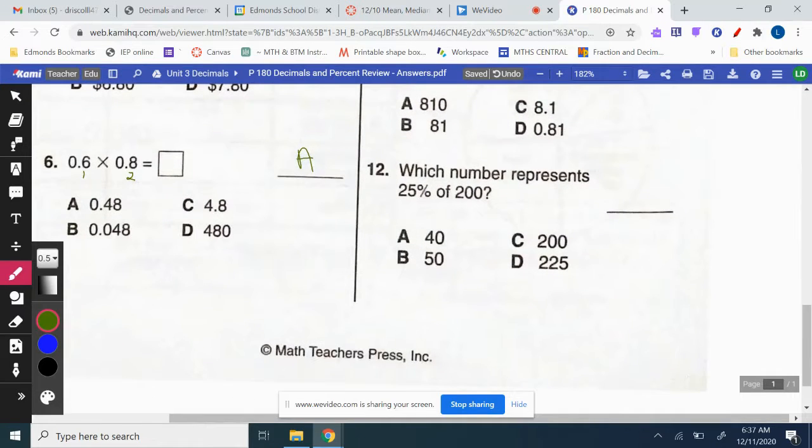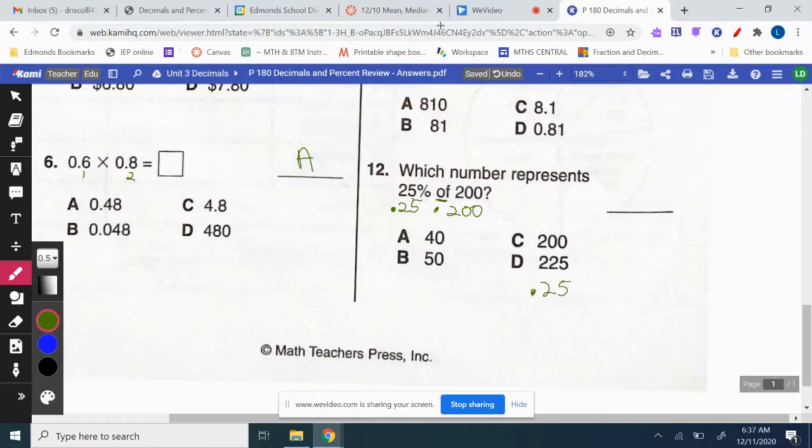Which number represents 25% of 200? Awesome. So that means of means multiply. So I'm going to change this to a decimal. 0.25 times 200. Now you can do this with your calculator or you can do it with long math. I'm going to do it with long math and I'm going to show you a secret shortcut.